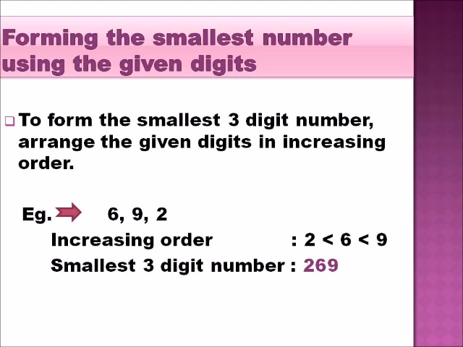Here in the first example, we have digits like 6, 9 and 2. Now let's arrange them in increasing order, like 2 lesser than, 6 lesser than 9. Therefore, children, we have the smallest 3-digit number as 269.